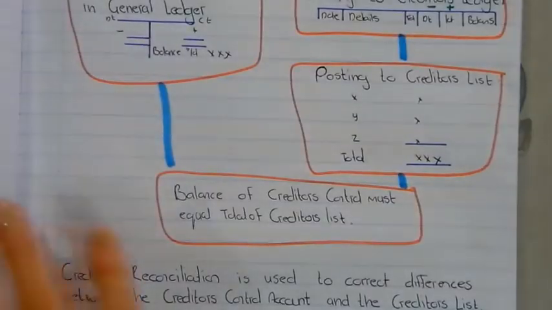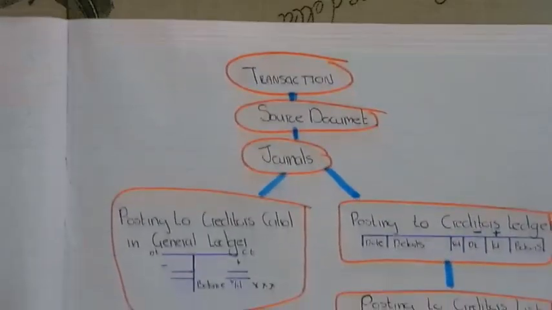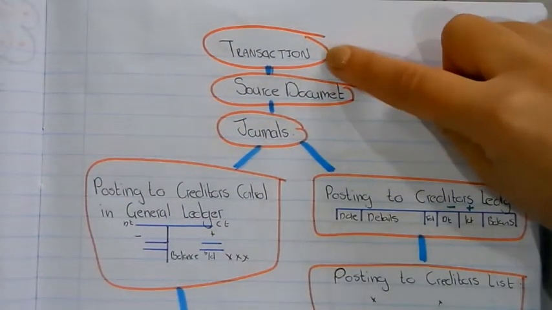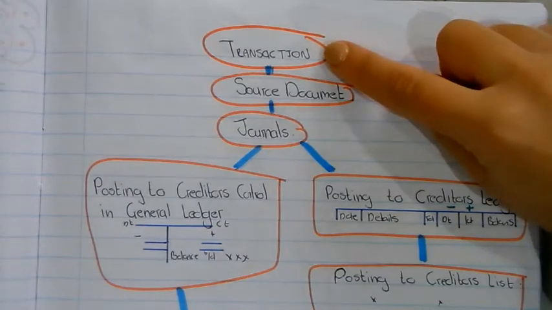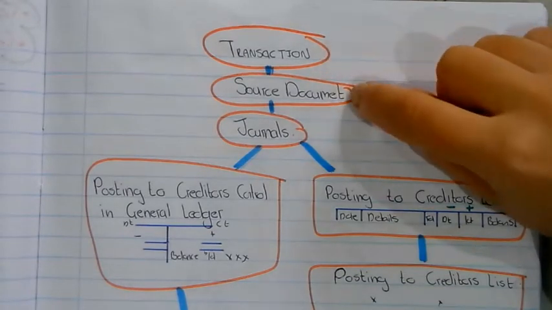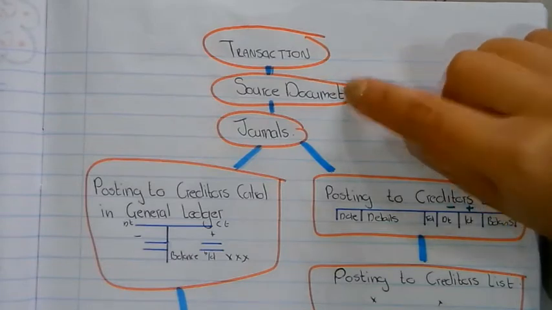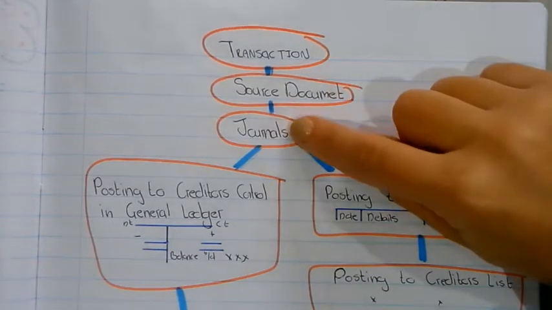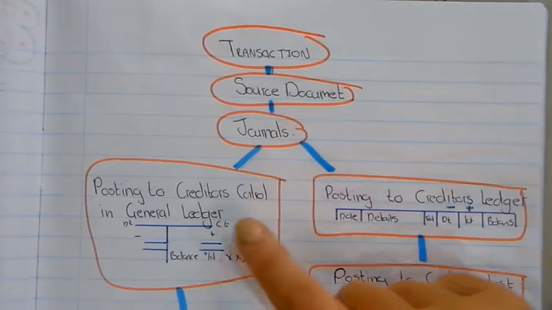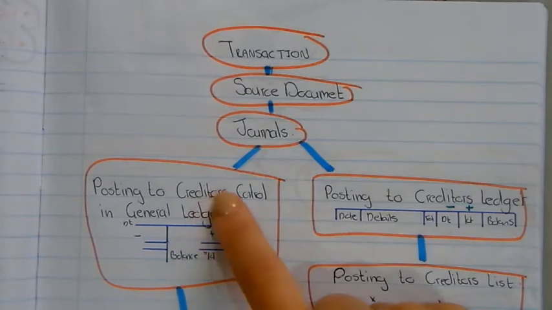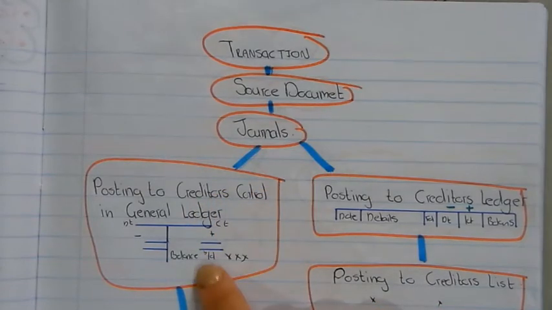Let's just quickly look at the following then. When we look at our accounting cycle, there will be a transaction that takes place. This transaction must be recorded on my source document. The source document must be entered into my journals. My journals will then be posted to my general ledger account, with my creditors control account.